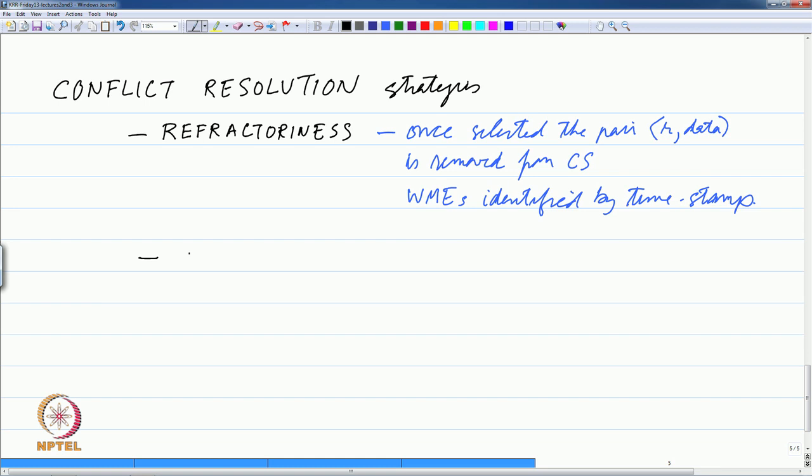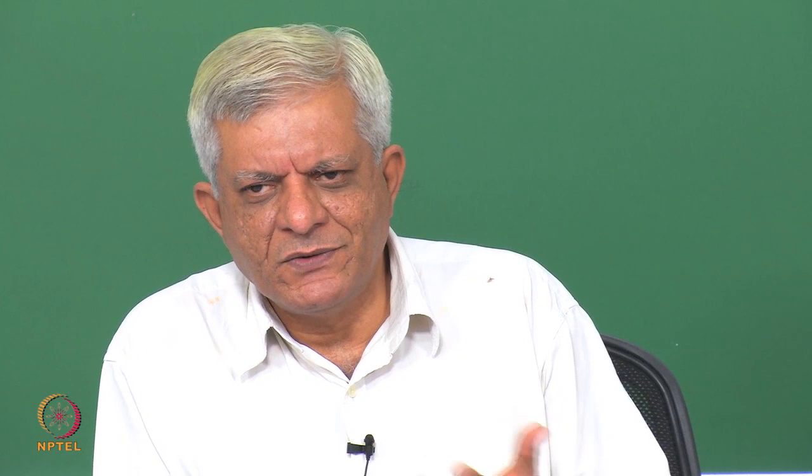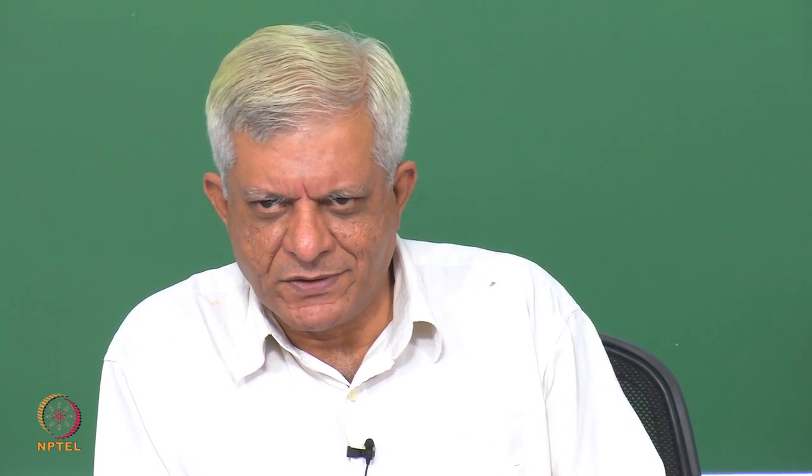Then you could do it in order, or sequence, in which rules are stated. That you can say, okay, I have an ordering of the rules, and of the matching rules I will pick that rule which is first in this order, highest in this order or something like that.